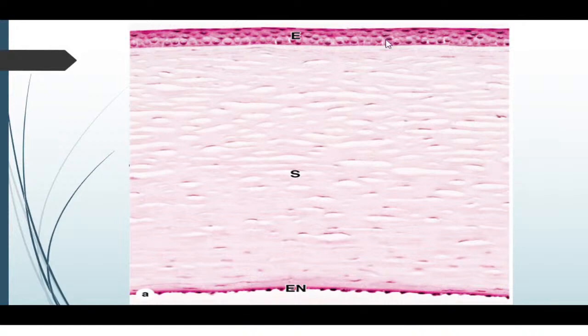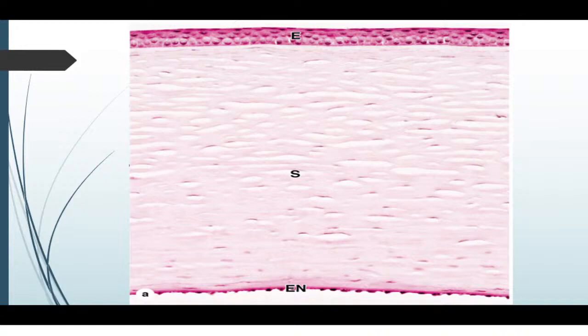As you remember, we studied it in the first topic, epithelial tissue. Next will be Bowman's membrane.